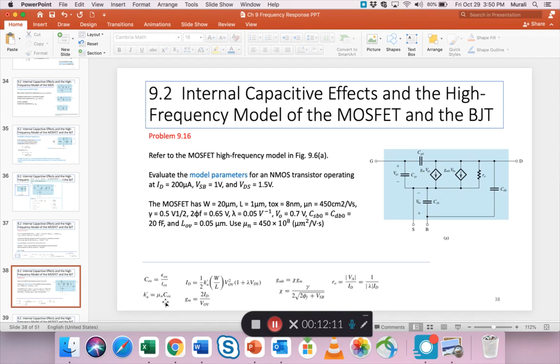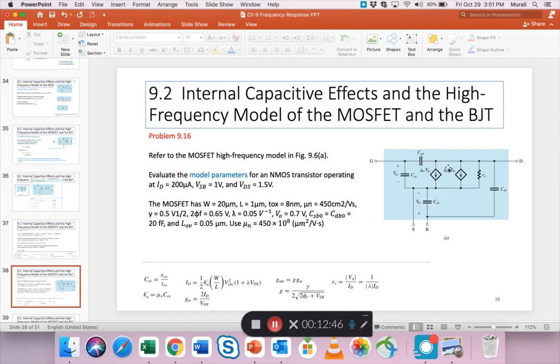Here Kn prime, we just have mu n and COX. If you multiply the two, you get Kn prime. You use that in this formula. Something is missing here, so we use this formula to find the missing item. Maybe we use it to find VOV. Then we need GM because GM appears here. So GM is 2ID by VOV.